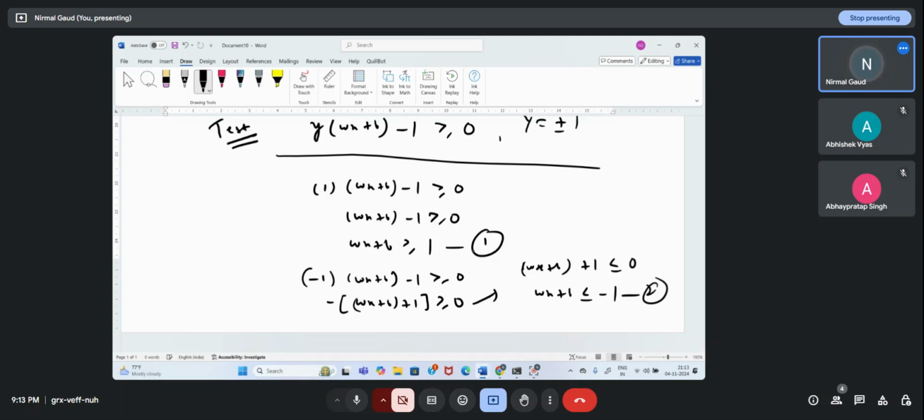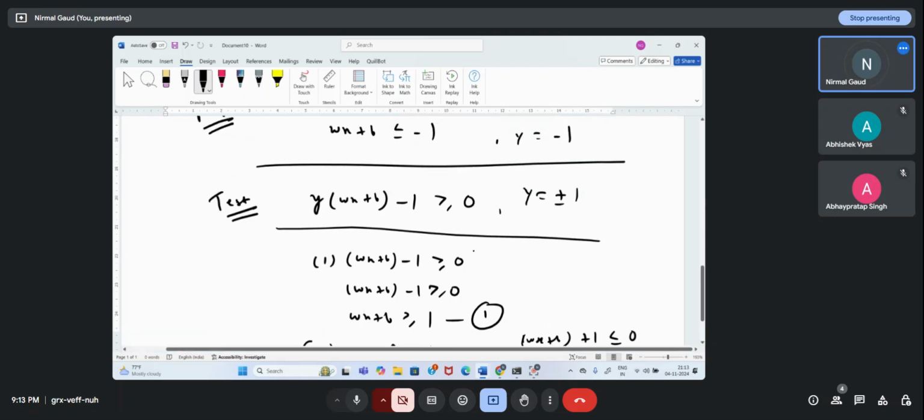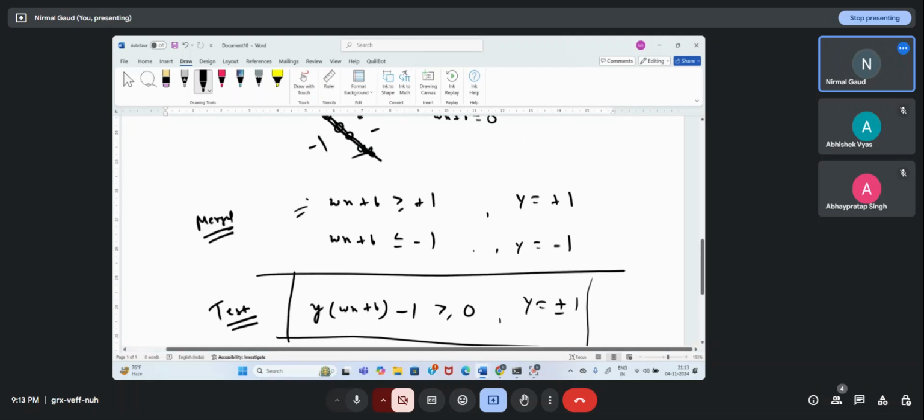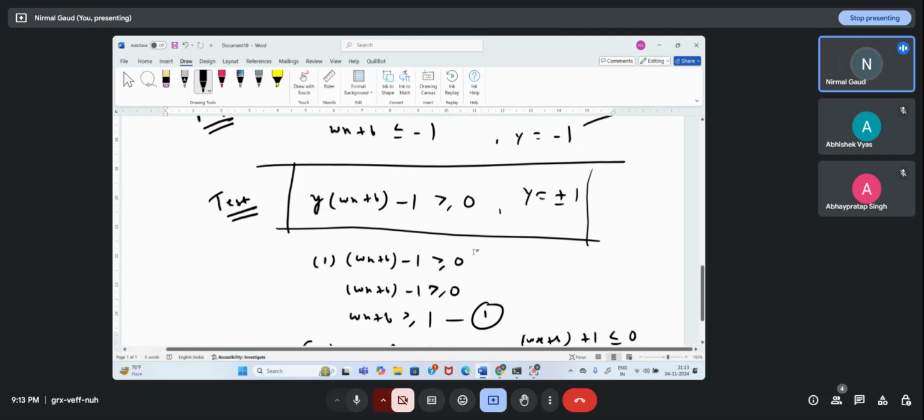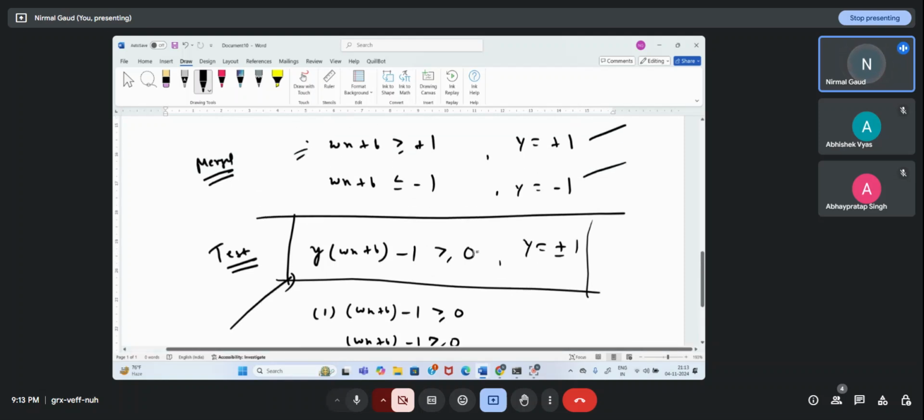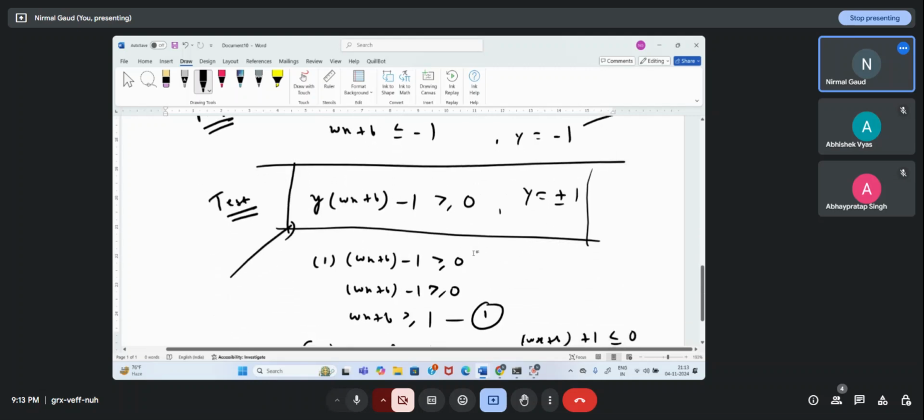This is your second equation. So by using the values of y, plus 1 and minus 1, I can achieve this also and this also. Here is the combined format of the above two equations.